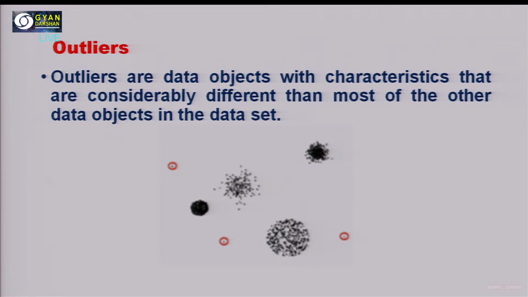You can see you actually have 4 clusters, one with a very big circle and one within the small black circle, but there are 3 data objects which do not belong to any of these clusters. In that case, those data objects are considered to be outliers.